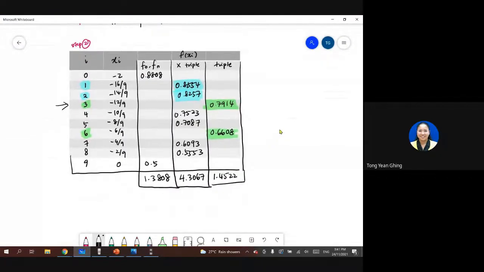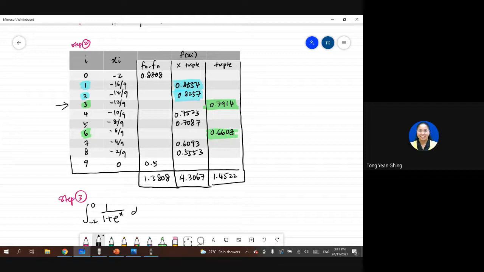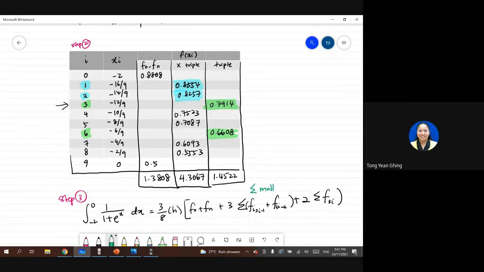Once we have this, the next step is to use the formula of Simpson's 3/8 rule, where the integral from negative 2 to 0 of 1 over 1 plus e^x dx is equal to 3/8 times h, times f0 plus fn plus 3 times the sum of f(3i-1) and f(3i-2), plus 2 times the summation of f(3i). You can also write it as the summation of multiples of 3.